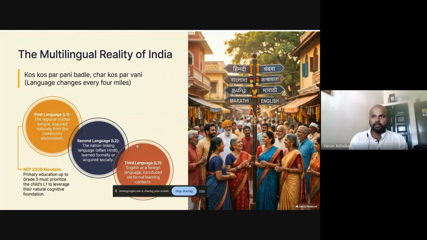These two important terms, language acquisition and learning, are very important. If you look into yourself, you don't speak the same language in adulthood which you were talking in childhood.